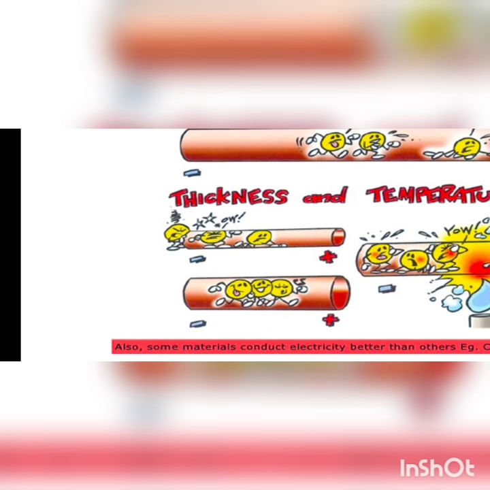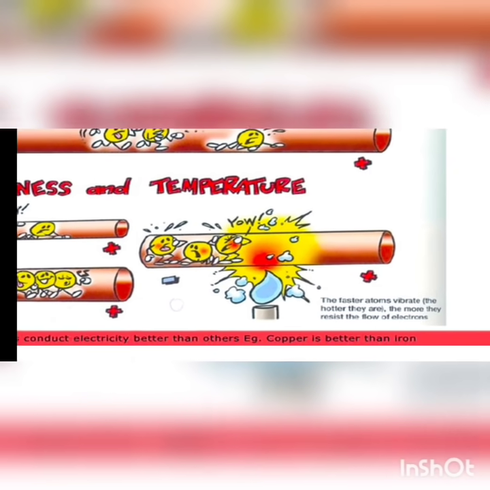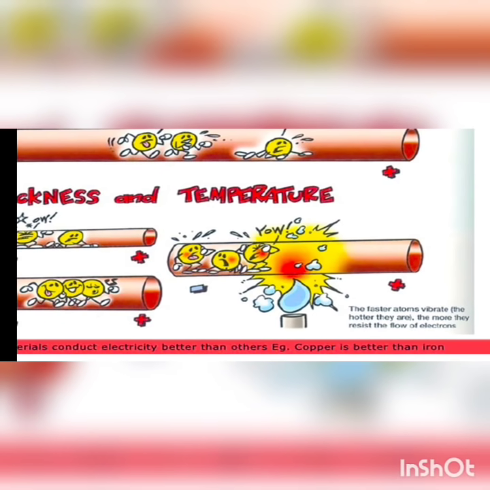Now when temperature increases, what happens? Actually, even at normal temperature your particles are in vibrational motion. When I increase the temperature of the wire, this vibrational motion increases. That means they start vibrating more vigorously at their positions.